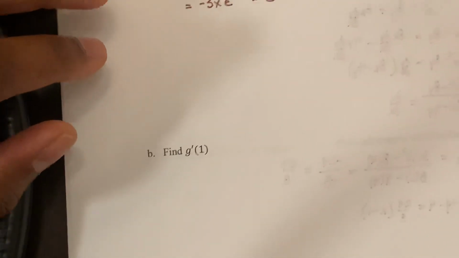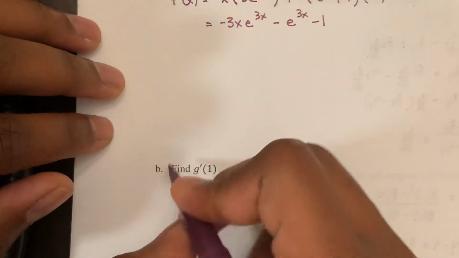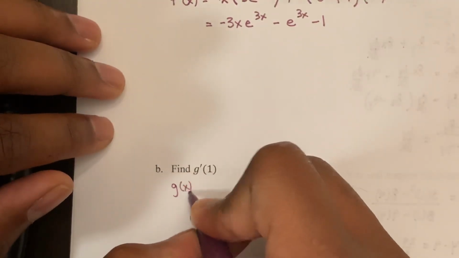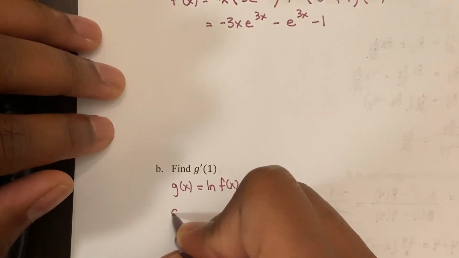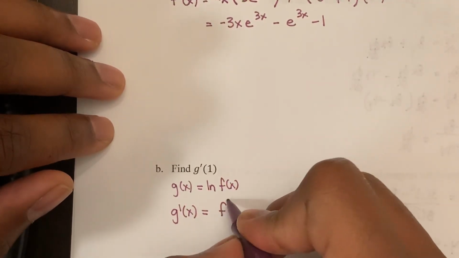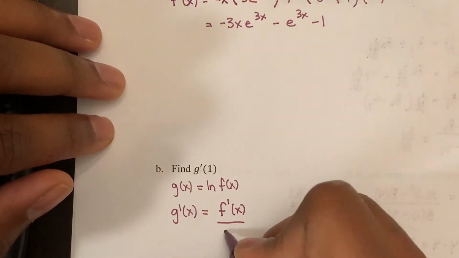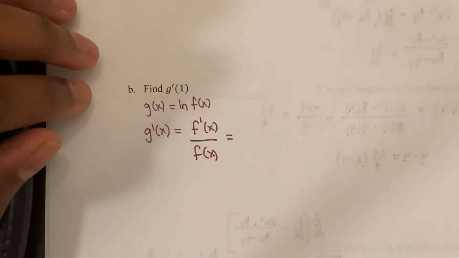For part B, we need to find g prime of 1 if g is equal to the ln of f of x. So since g of x equals the ln of f of x, g prime of x is equal to f prime of x over f of x, because that's the derivative of a logarithm.